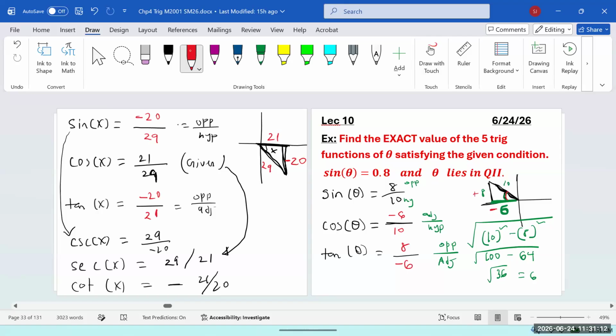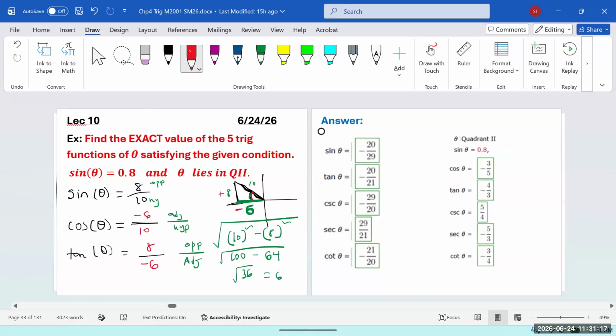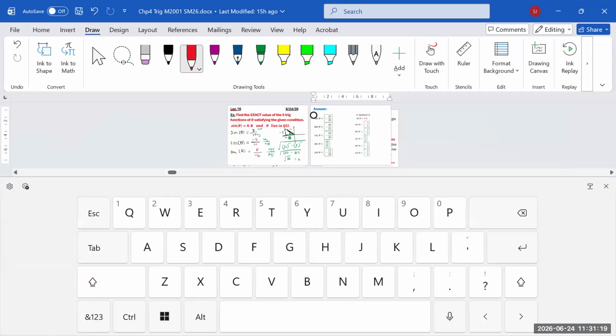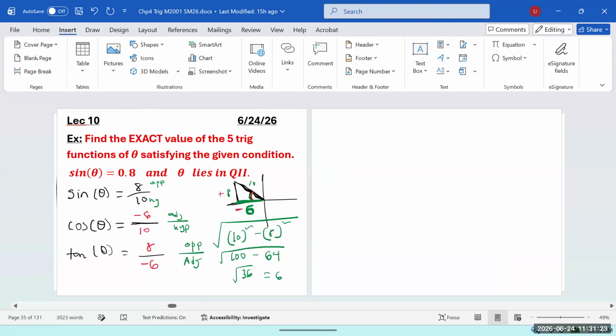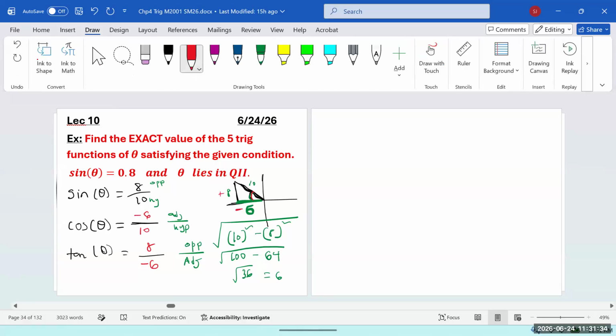So you just have to find 3 of them, and then the rest 3 come automatically. Ten is the hypotenuse. It's the radius. The radius is always positive.